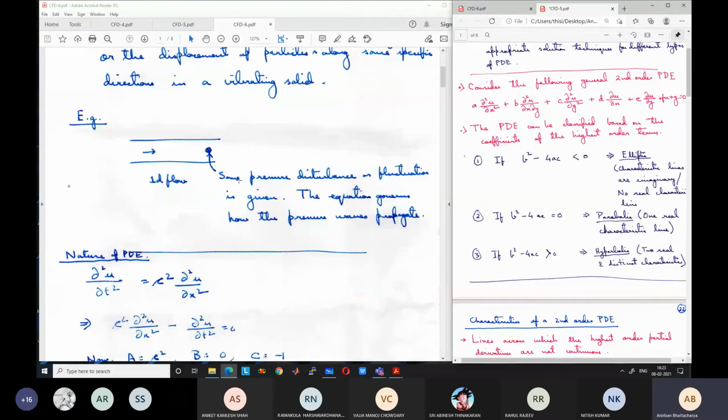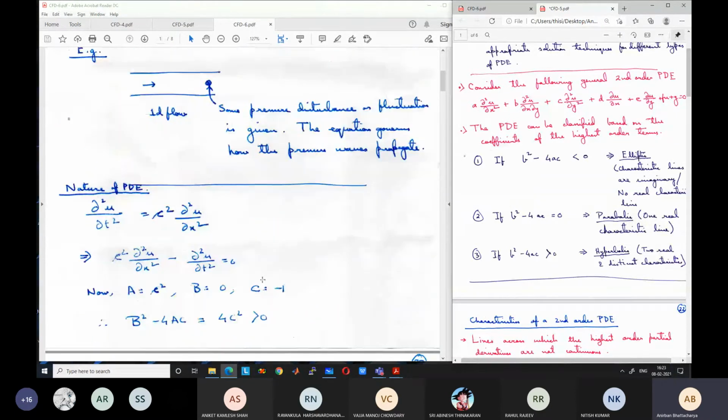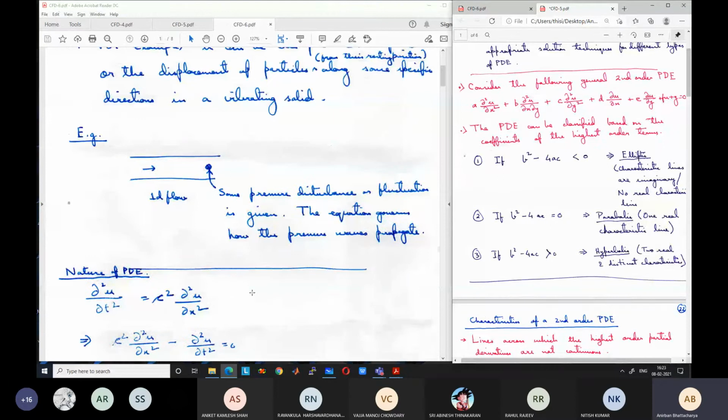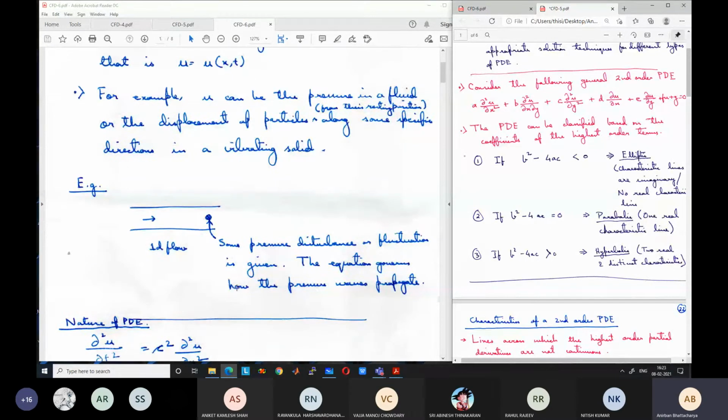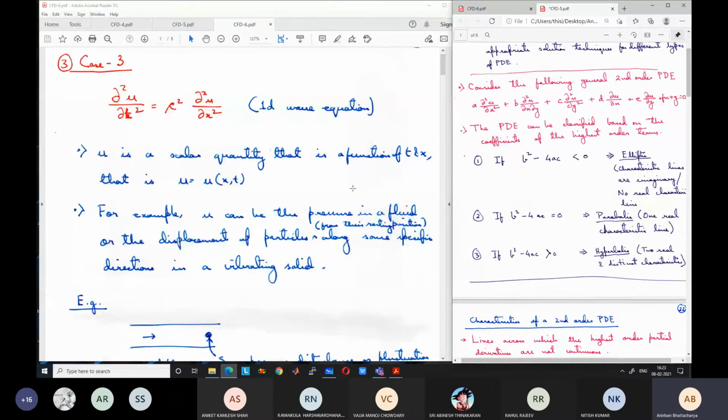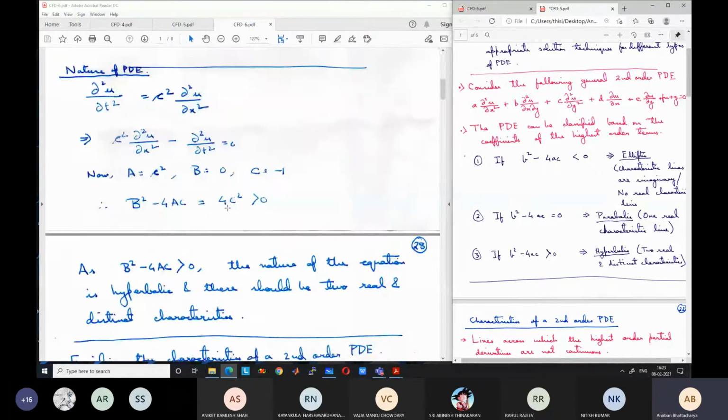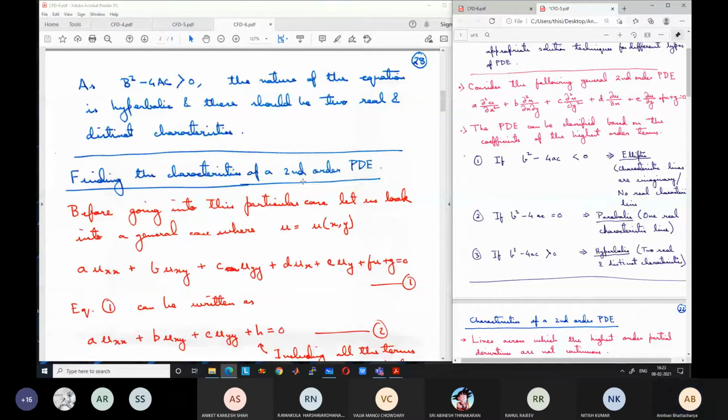Okay, at this moment what do we know? That this is a hyperbolic type of equation and it should have two real and distinct characteristics based on our definition here. Now we will pause here for a moment and we will go into again the general PD that we had considered here, and we will try to find out the characteristics of this general second order PD.